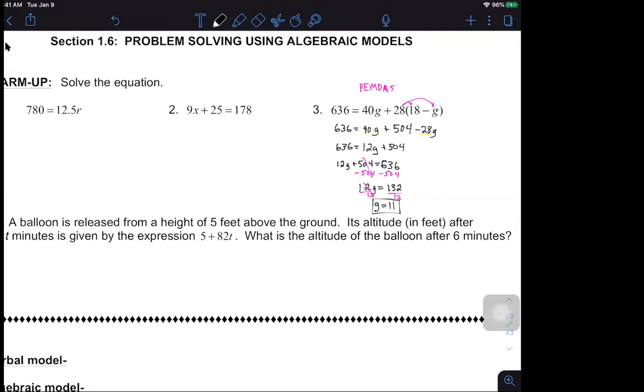Good. So what we're doing is taking a word problem and turning it into an algebraic expression. Our algebraic expression in this case is given to us: 5 plus 82t. We know that anytime we want to plug in, we use parentheses. So we want to plug in 6.